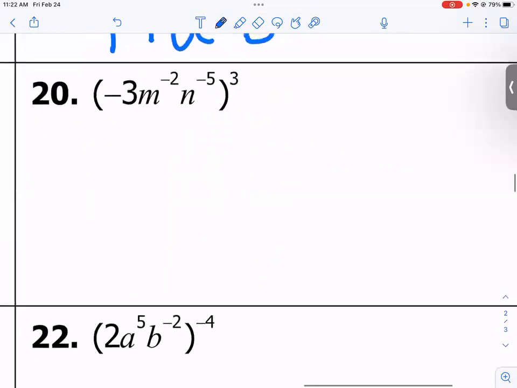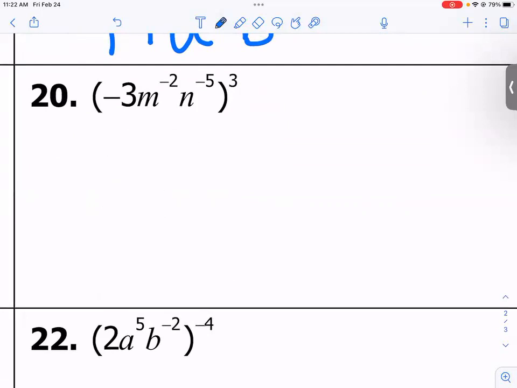So then let's talk about 20. 20 is pretty similar, isn't it? Okay, so we have a -3 as a base. So when we take this 3 as the exponent and push it through, -3 gets the exponent of 3. What is m's new exponent? -6.